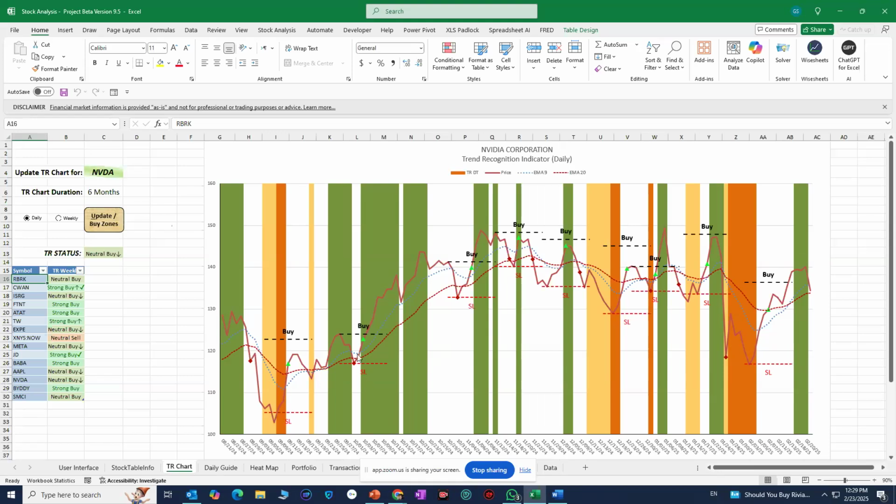Now, if we just follow this NVIDIA chart, should we buy it here? No, it was in the red zone. It did not come to our buy points. So if it does not come to our buy point, should we buy it? No. It was in a green zone, and this is our buy, but it's been a while.